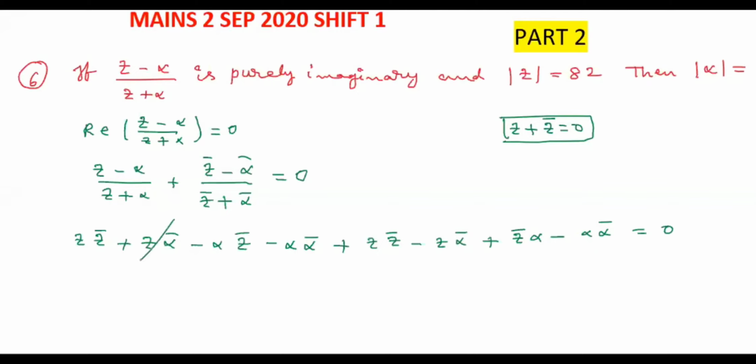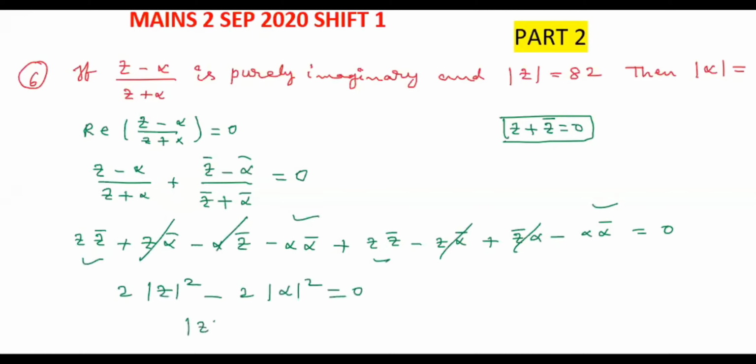Now see here, Z alpha conjugate, these two cancel and these two also cancel. We know that Z into Z conjugate is mod Z square. Here one term, totally 2 into mod Z square minus 2 into mod alpha square, that is equal to 0.